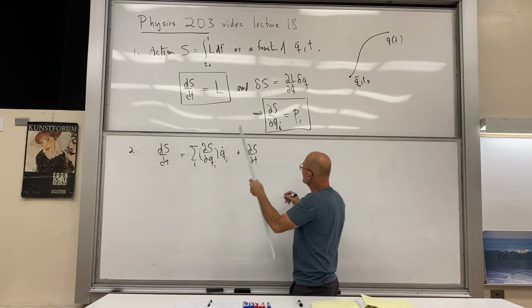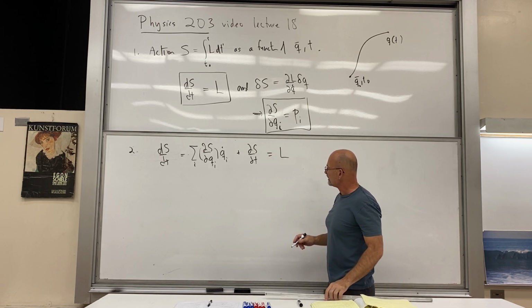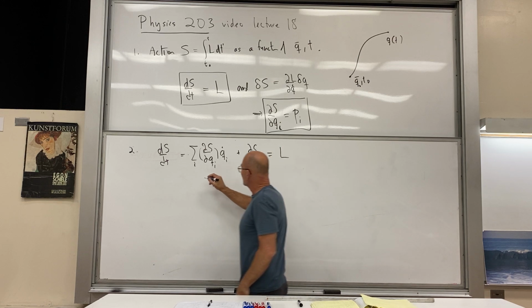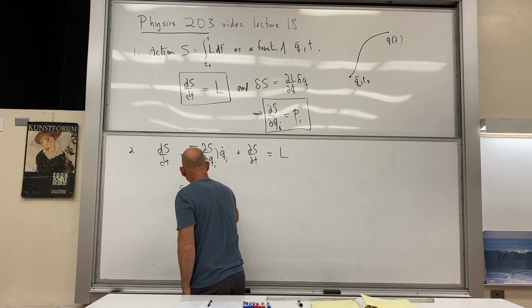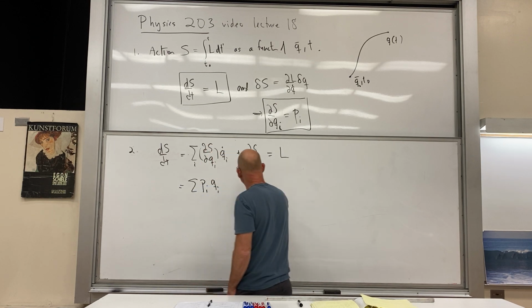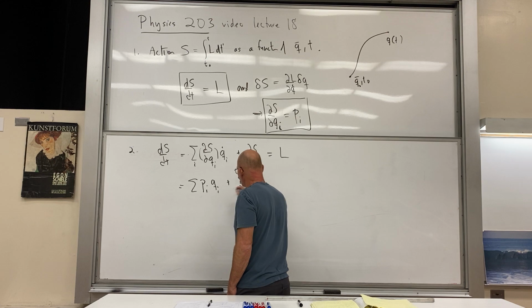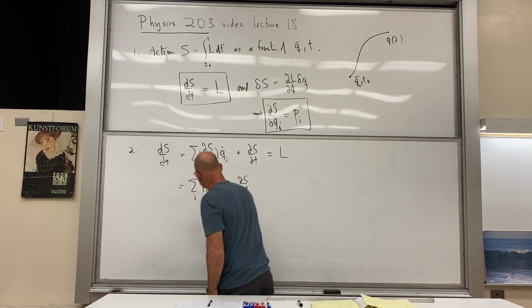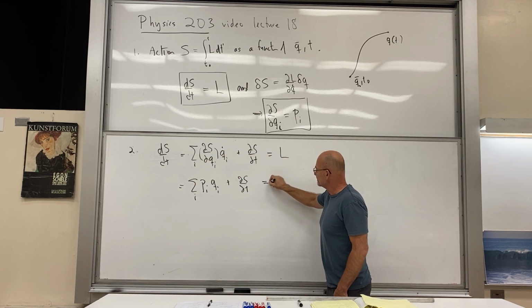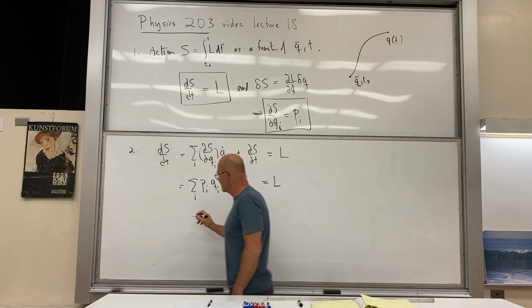Of course, with this thing here, that would be equal to L. Now this, on the other hand, the sum of p_i q_i dot, again plus partial S partial t, equals L.